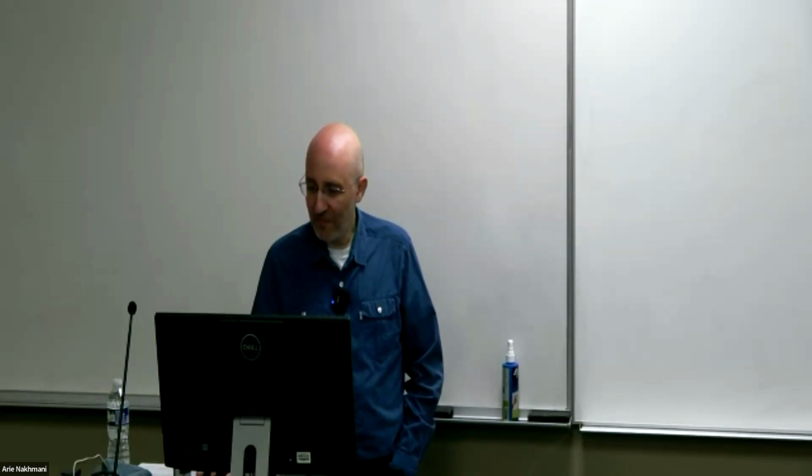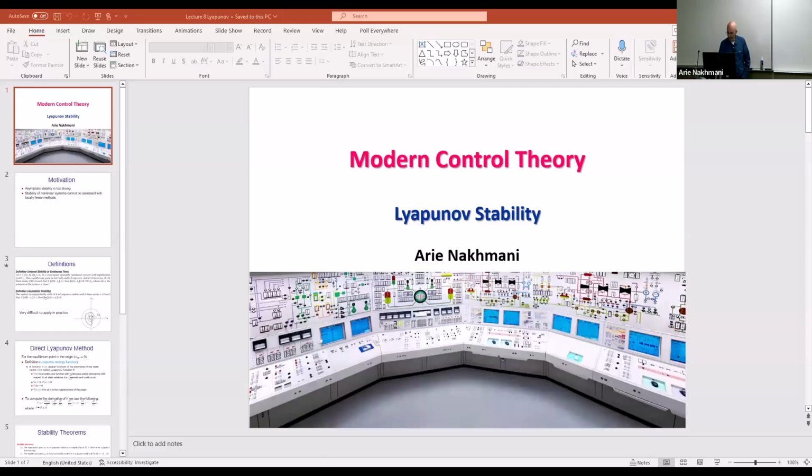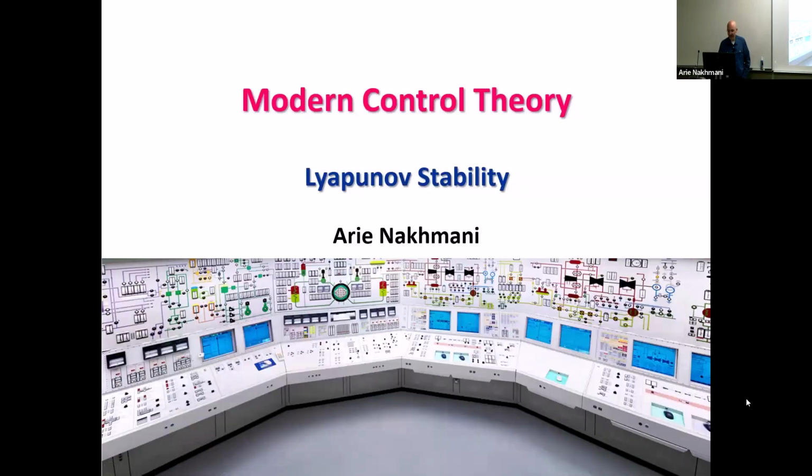I have a question. Yes. In our post, I'm seeing that on November 18 or December 2 there is something from 5 to 8 p.m. What is that? I'm sorry? November 18, 5 to 8 p.m. In my calendar it shows modern control theory. What does it say?